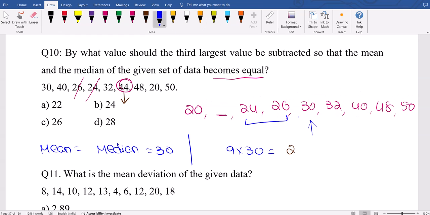This is 50, 80, 120, 170, 170, 250, 270 already we got. Still 44 minus x is there. 270 plus 44, we got 314. 314 minus x should be equal to 270.